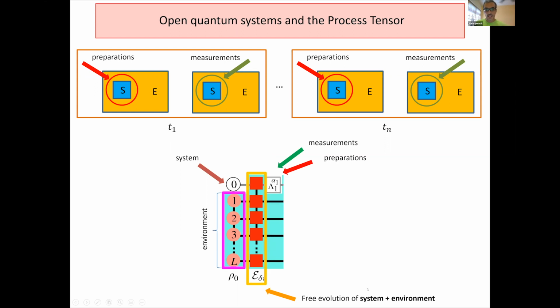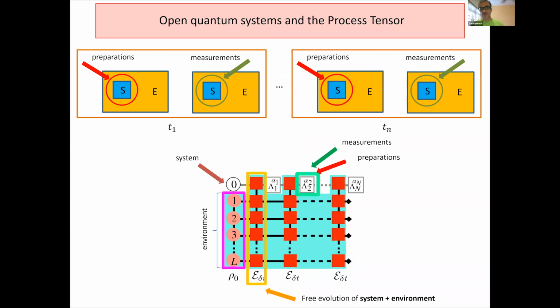And after that, I may want to do some measurements and some preparations. I may want to measure what the system is and do some preparations. And then I will do some evolutions again, free evolution as before, other measurements and preparation, and so on and so forth.